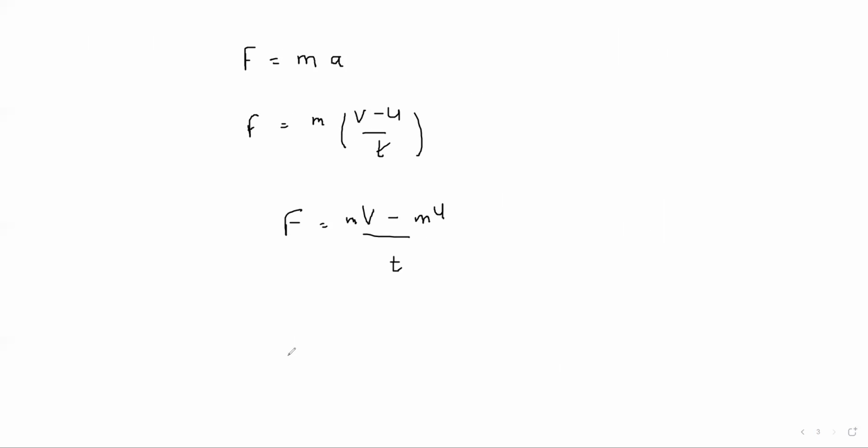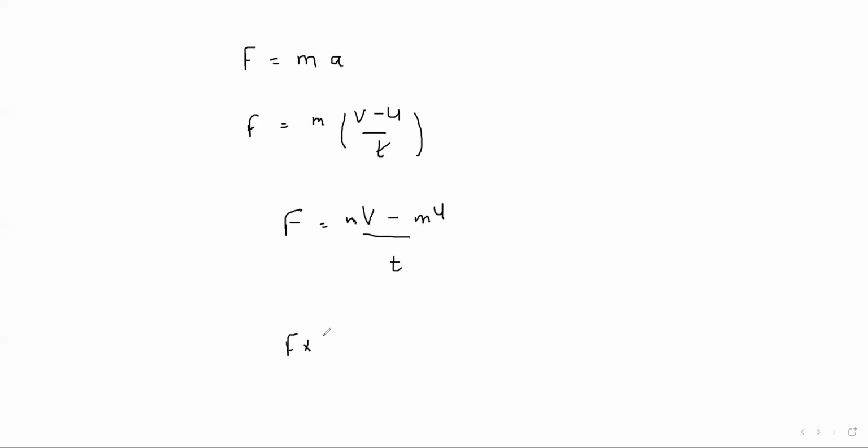As we know, F is equal to ma, force is equal to mass into acceleration. And acceleration is the change in velocity over time, so we can write v minus u over t. If mass is multiplied with that, F is equal to mv minus mu divided by t. Time is divided on one side, so on the other side it is multiplied.